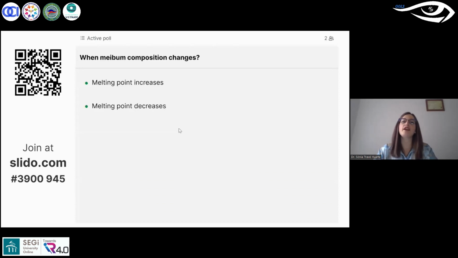If the composition of that meibomian changes, what do we think is going to happen when we try and melt those oils? Will it take more temperature to melt those oils, or will it take less temperature? So if you want to scan that QR code and try and click on the right answer, then we'll see what people think. I'm going to give it probably a minute or so.